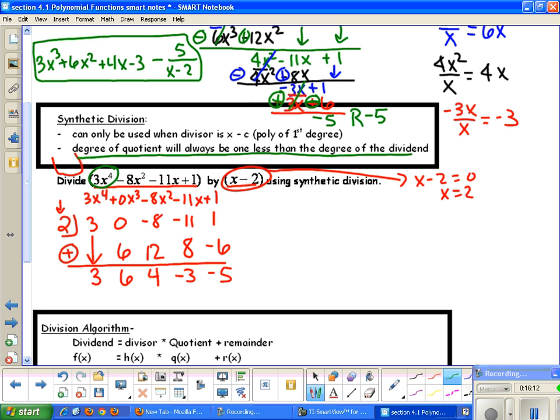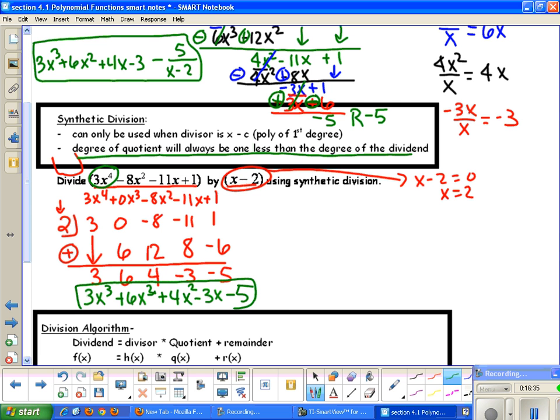So this degree right here is a degree of 4. That means we're going to start with a degree of 3. So this becomes 3x cubed plus 6x squared plus 4x minus 6x cubed, sorry, minus 4x squared minus 3x minus 5. And you just go in order all the way down.